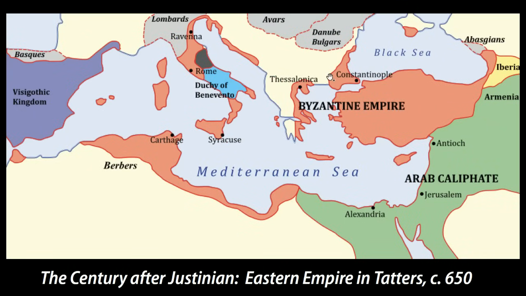And so a century later, with the rise of Islam and the eruption out of Arabia, the destruction of the Persian Empire there, the Byzantines aren't in much of a position to hold Syria and Egypt, who in any event are in schism from the Orthodox position of Nicene Christianity in the center. Meanwhile, the Slavs have come in and taken over much of the Balkans, and the Lombards have taken almost all of Italy, except for, again, this narrow section.